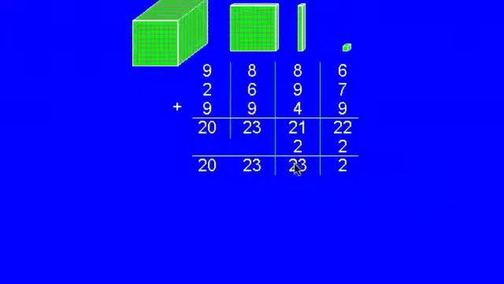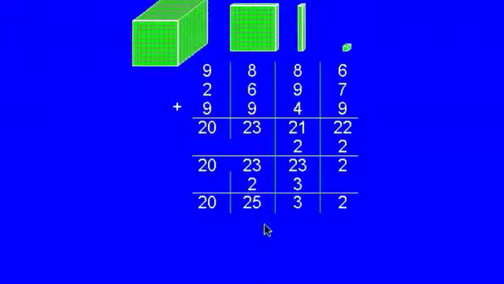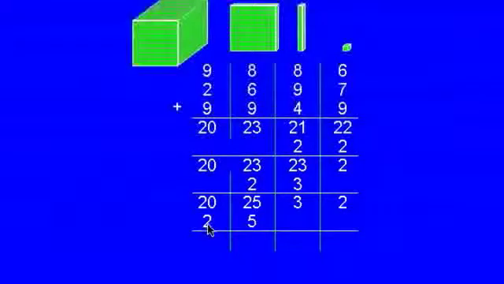Then we regroup our tens. These 20 tens become 2 hundreds. And now we add up our hundreds. And then we regroup these hundreds. Each group of 100 becomes a group of 1,000. So each 10 hundreds becomes 1,000.